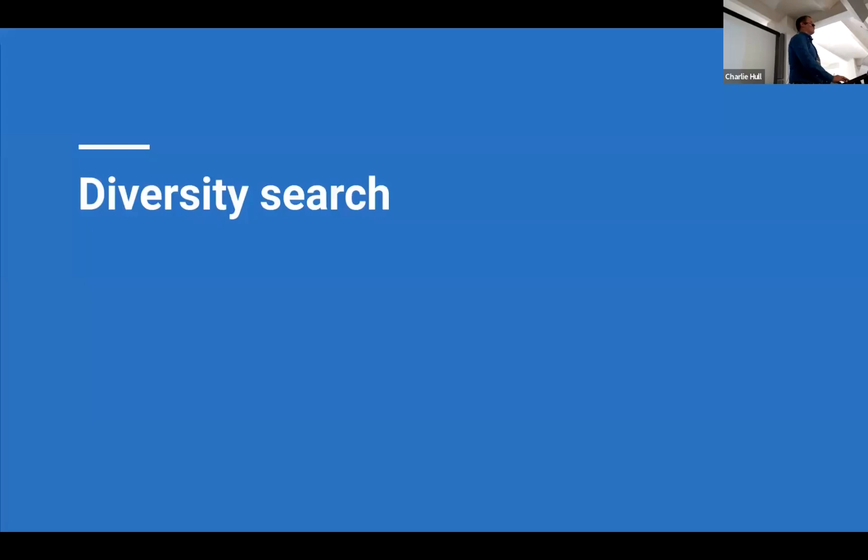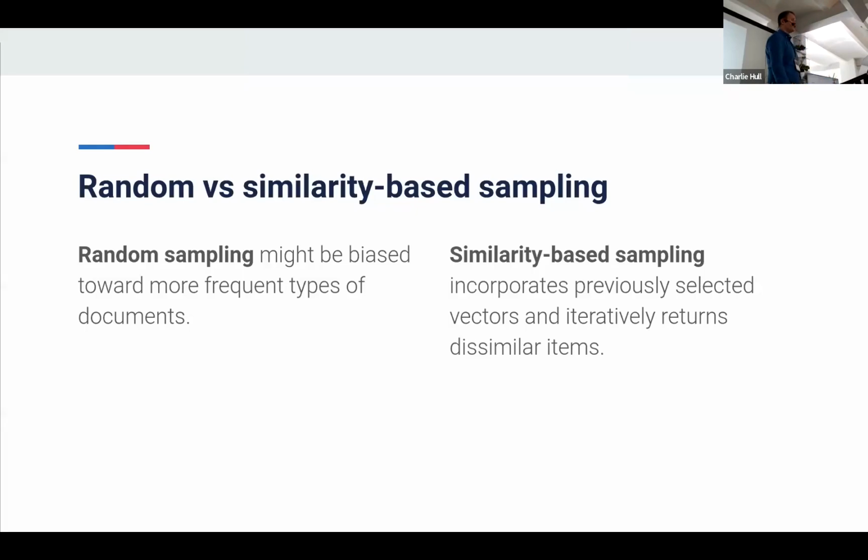And coming back to the diversity search, there are actually two different ways of how to approach it. First of all, the simplest and most naive one would be to serve some random items whenever we do not have a query. But there is an issue with that approach, because if we did that, our sampling would be biased toward those type of items which are more frequent.